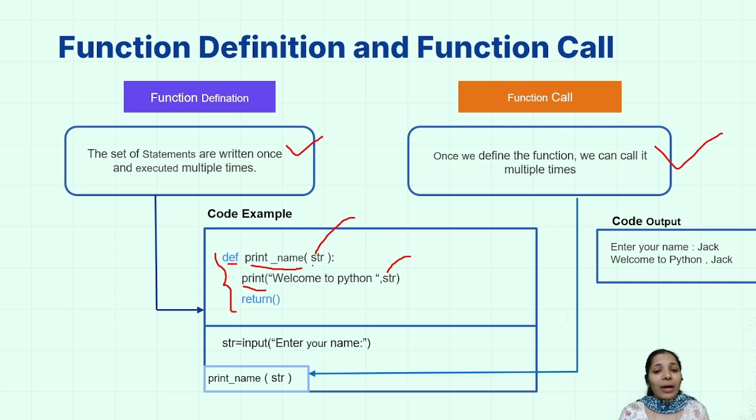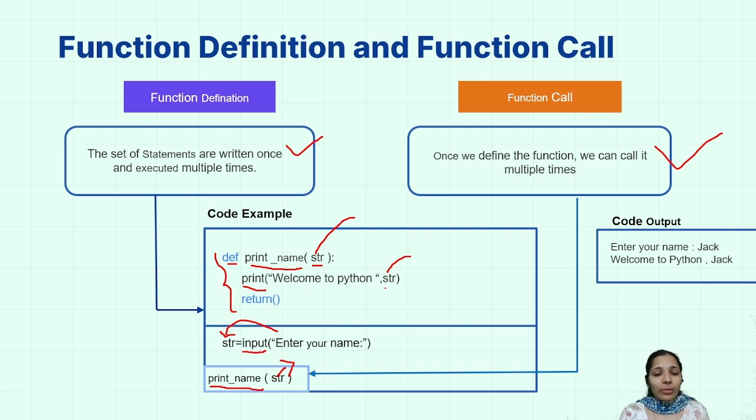And for the parameter, I have to pass something, so I'm using input. As we have already discussed, input is an inbuilt function which is used to get the user input. And then at the end, I'm calling print_name with whatever is stored in the variable string. Whatever the user enters will be stored in the string, and later in the function definition, it will be printed as welcome to Python str.